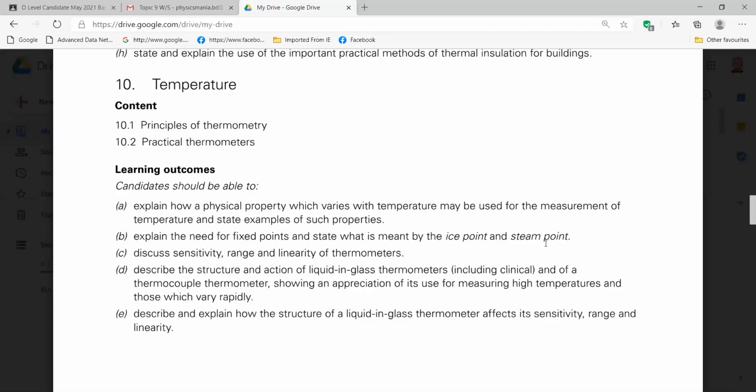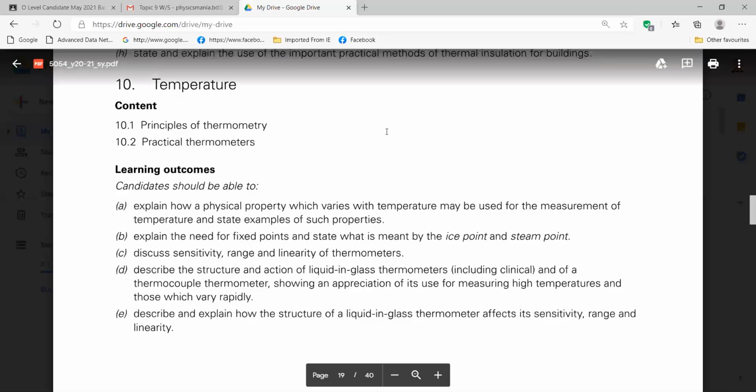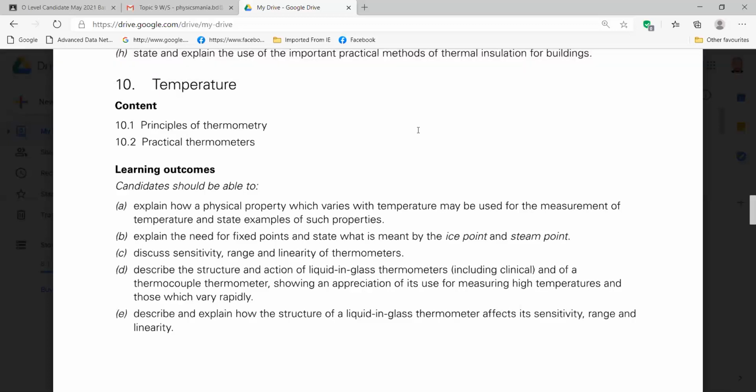I show you this one now because already you have some idea about electromotive force, how it is created. Look, I'm drawing the diagram, or you can have the diagram. Can you write a heading thermocouple thermometer?